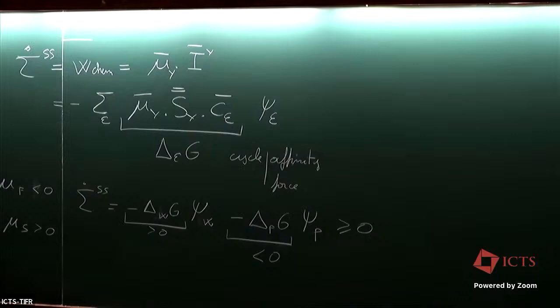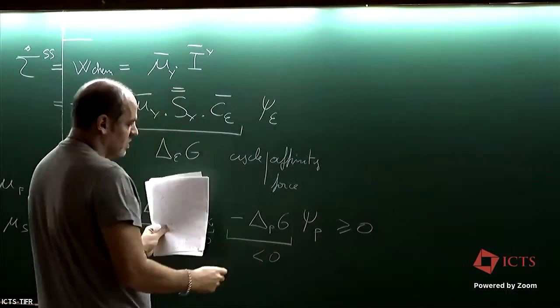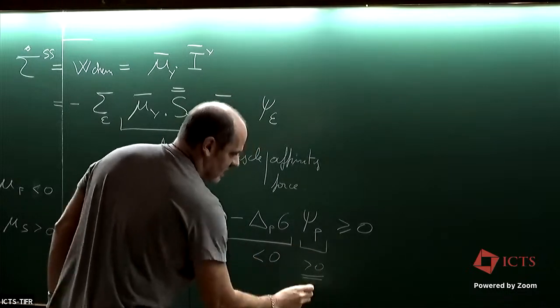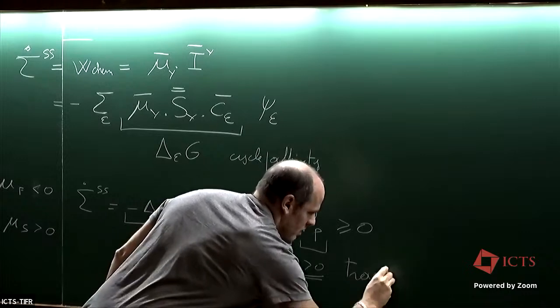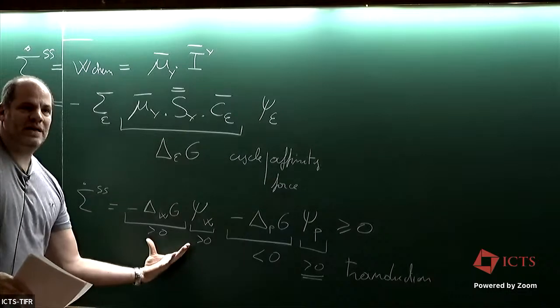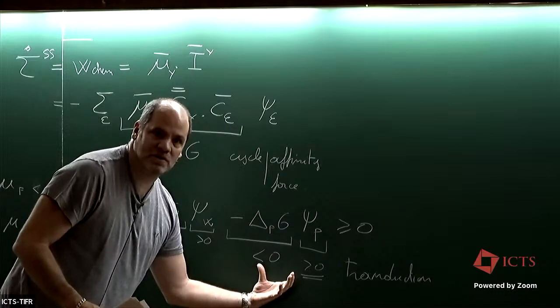But now, because the two processes are coupled by the chemical reaction network, as I said, this one is positive. That's the one now that's going to power the system. As I said, this should be, if it was alone, negative, but we will be able to make it positive. So now this is the key thing to have transduction. I can use the free energy released by this reaction to make this reaction possible.